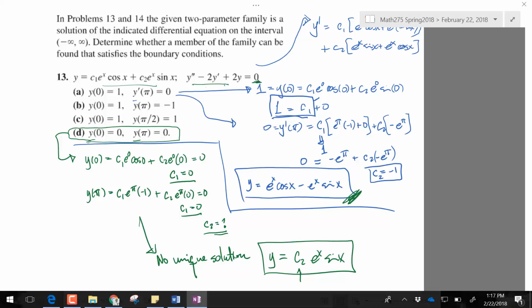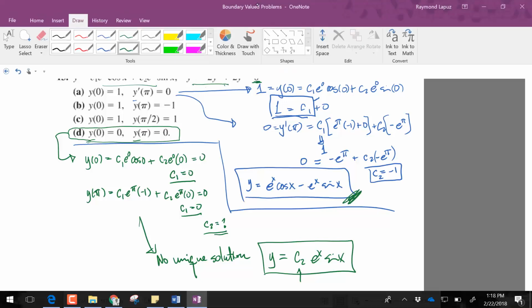Two parameters determine whether a member of the family can be found that satisfies the boundary condition. Oh, I don't know. Oh, the pi over 2, because that one makes one of them equal to 1 and the other one equal to 0, so it's possible. Let's see. I guess we're doing another one.